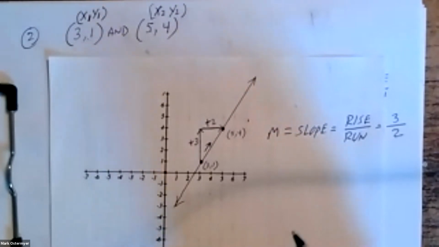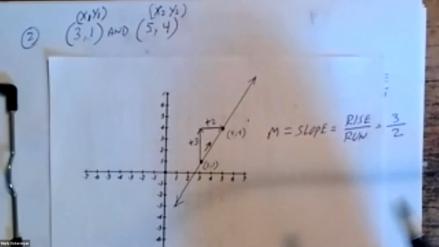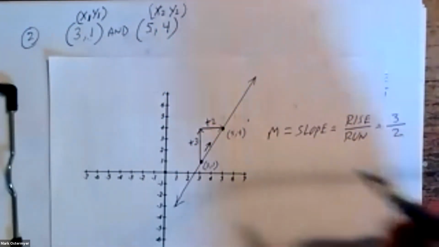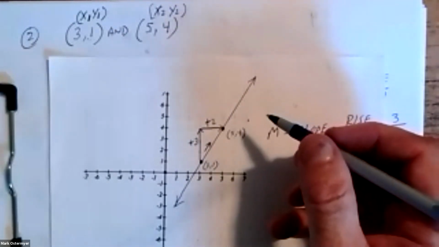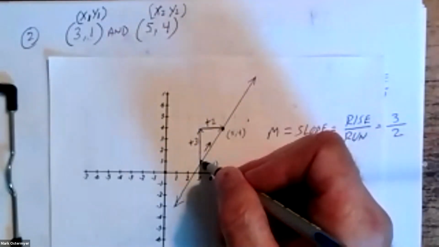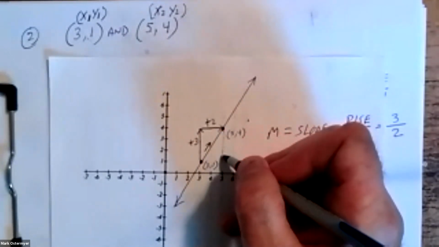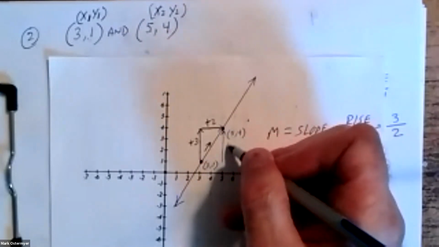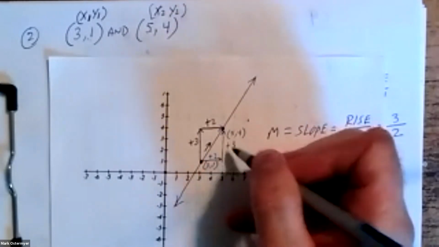Questions on how I determine the slope graphically? Can you put your triangle the other way? Yes, you could. For instance, you could have gone that way. Your rise would still be 3 units of rise, and then your run would be 2 units, so 3/2.